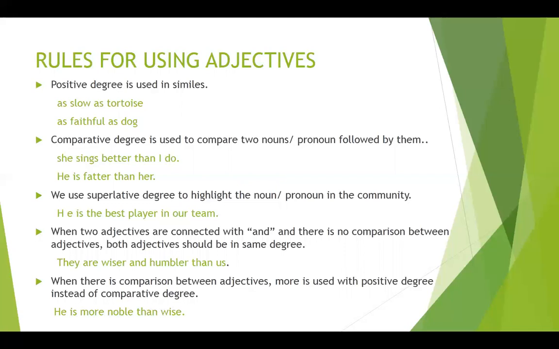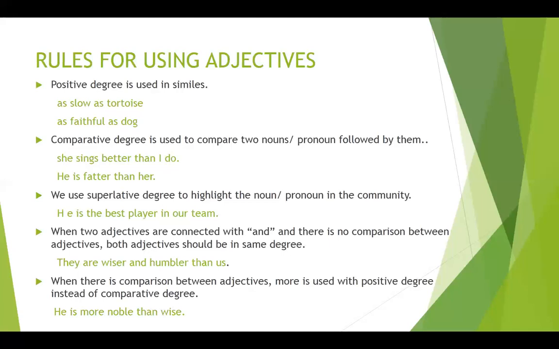Next is when there is a comparison between adjectives, not between noun and pronoun, only adjectives. Then we use "more" with the first degree. How? See, he is more noble than wise. Here, we are comparing his nobility and his wisdom, not him with another person.